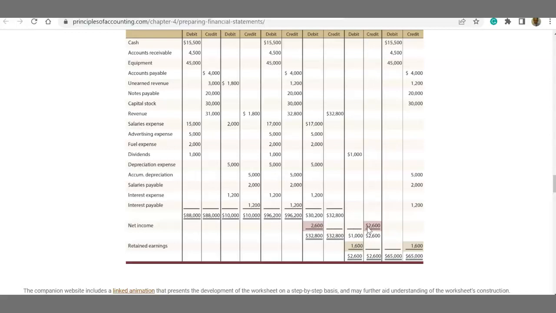So just like statements of retained earning, you say, okay, I have 2,600 net income minus $1,000 of dividend. It gives us $1,600 of ending retained earning, and then you add them up.